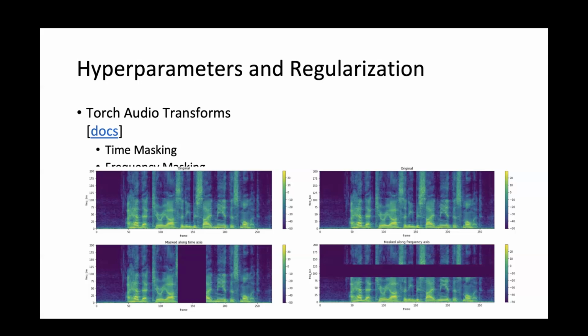Time masking is basically bringing a vertical mask, and frequency masking is bringing a horizontal mask on your MFCCs. This makes sure your model doesn't overfit to the training data, and it can generalize more on your test data as well.